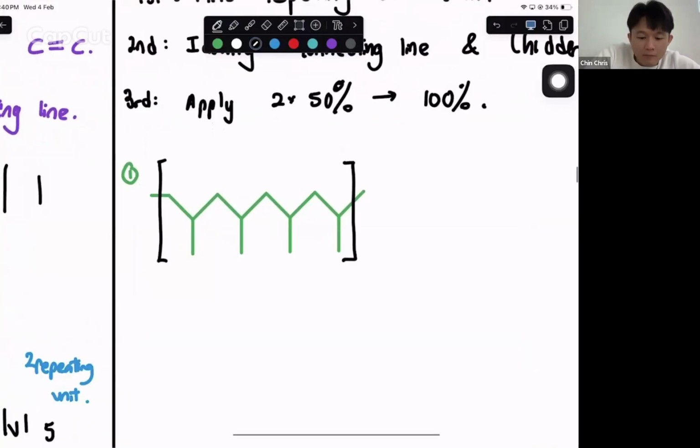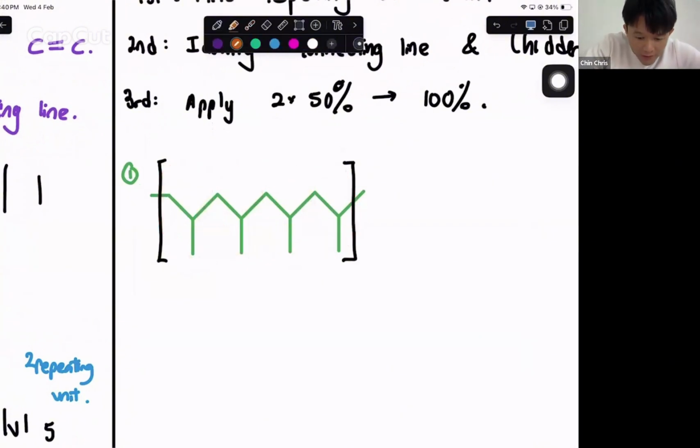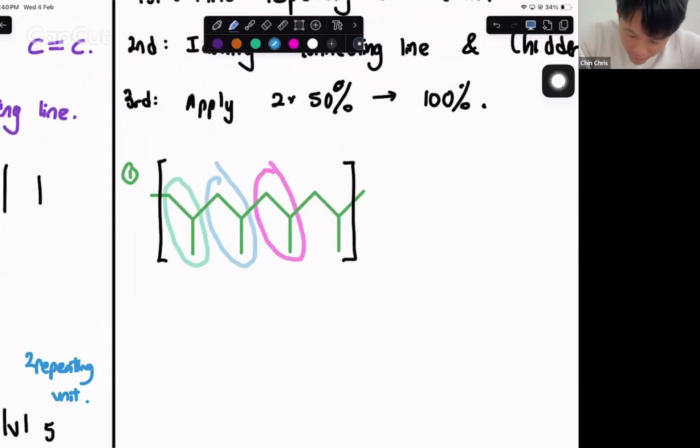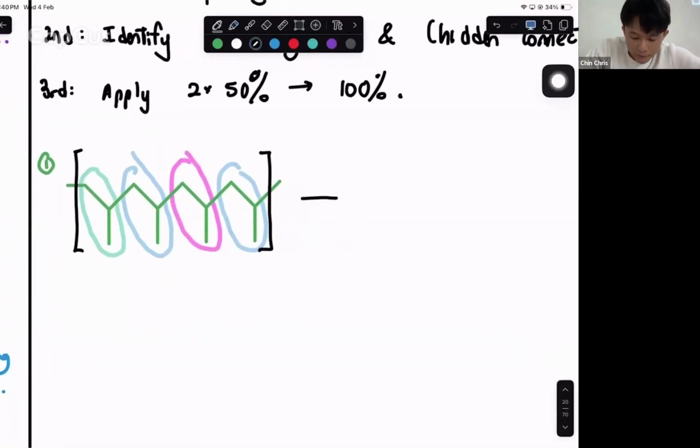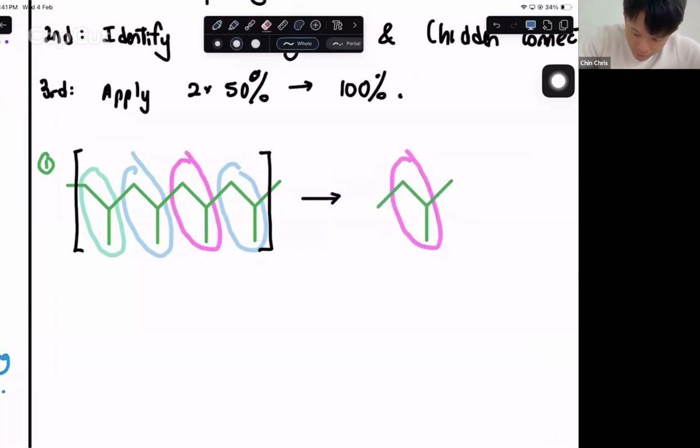First step is to identify my repeating unit. Can you see that this thingy is repeated? So first step, I just have to circle out a repeating unit. Can you see this thingy repeats itself? So we draw a repeating unit. My repeating unit looks something like that. You can draw any. Maybe I select this part to draw. I'm going to select this and paste over.